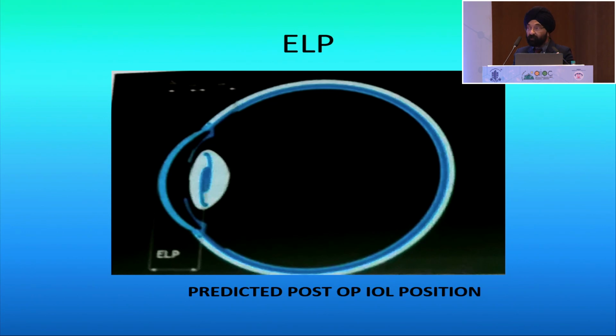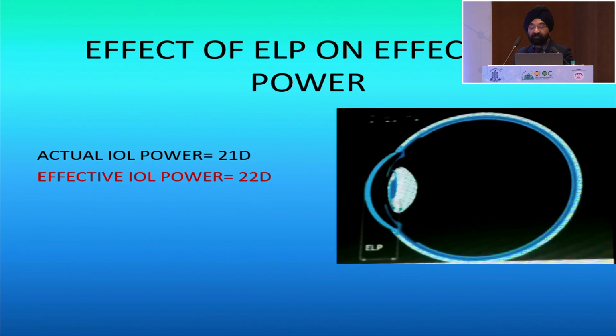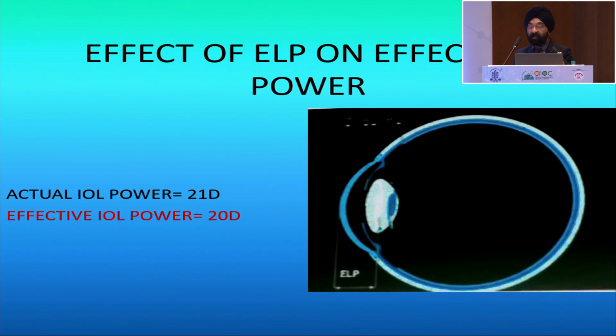So imagine, what we want is the IOL should sit right in the center of the capsular bag, but it does not always do so. Now, the actual IOL power is 21 diopter, but if the IOL is sitting much anteriorly in the capsular bag, the effective IOL power will be much more, that is 22 diopter. And if it is sitting posteriorly, effective lens power will be reduced, 21 becomes 20 diopter.